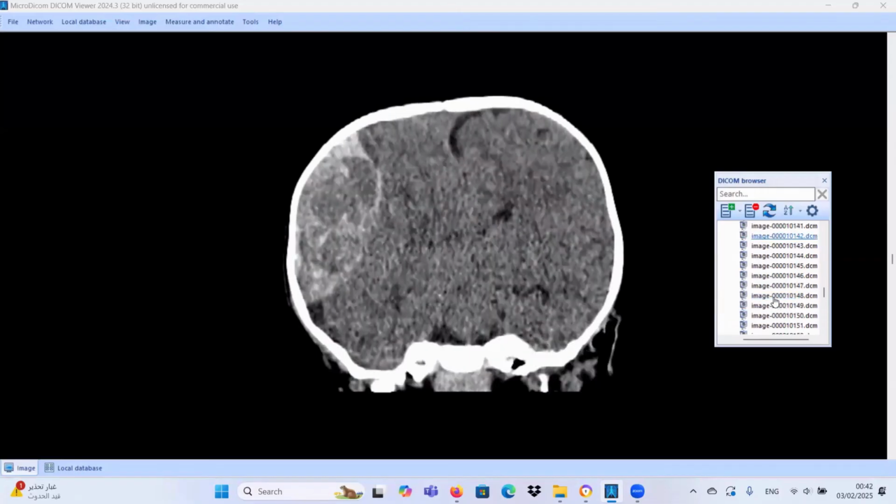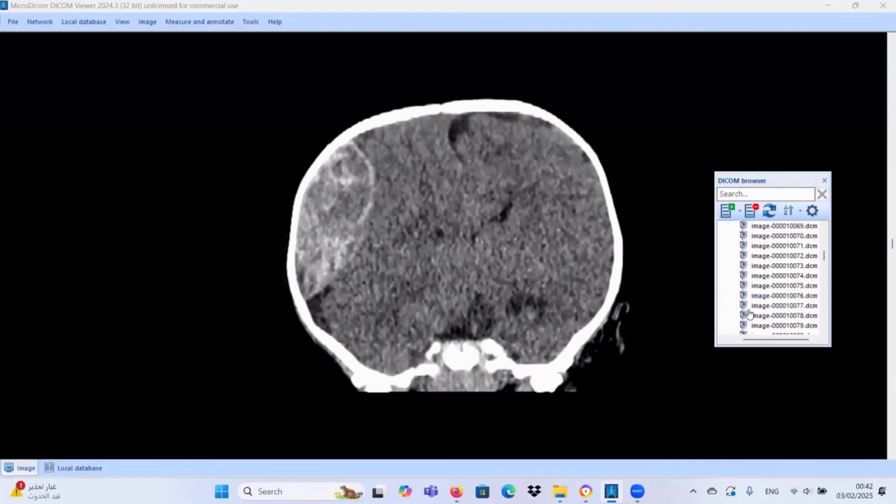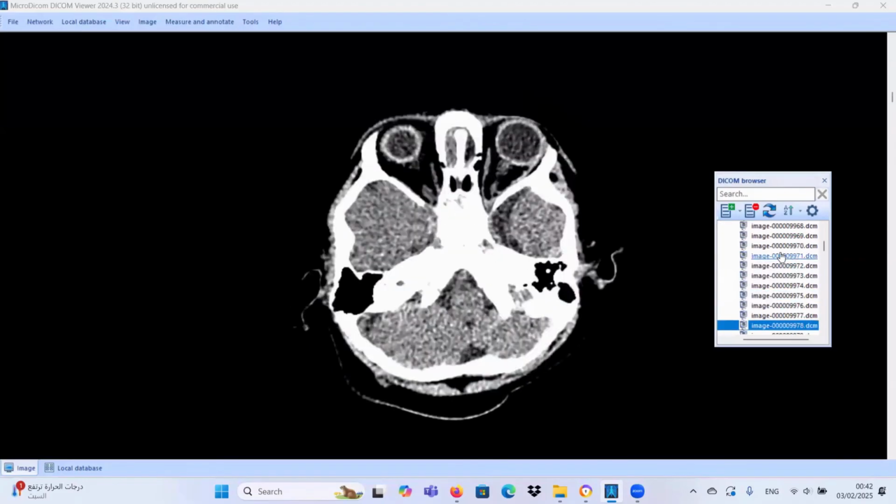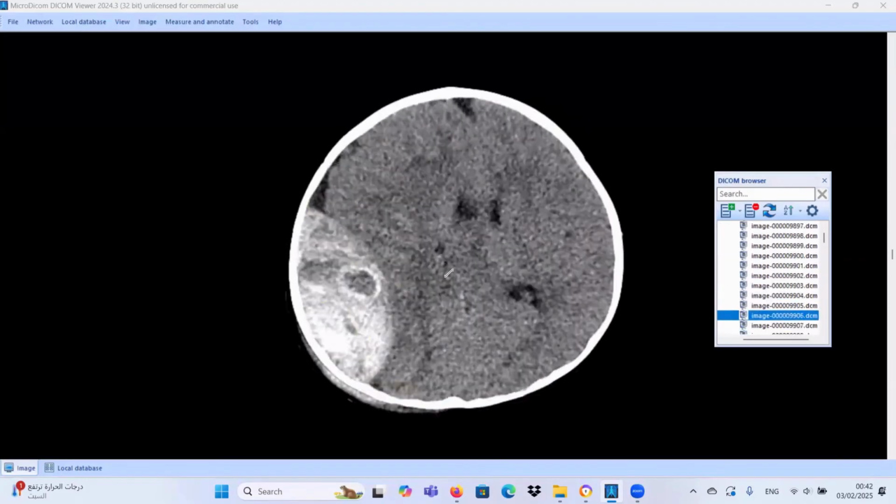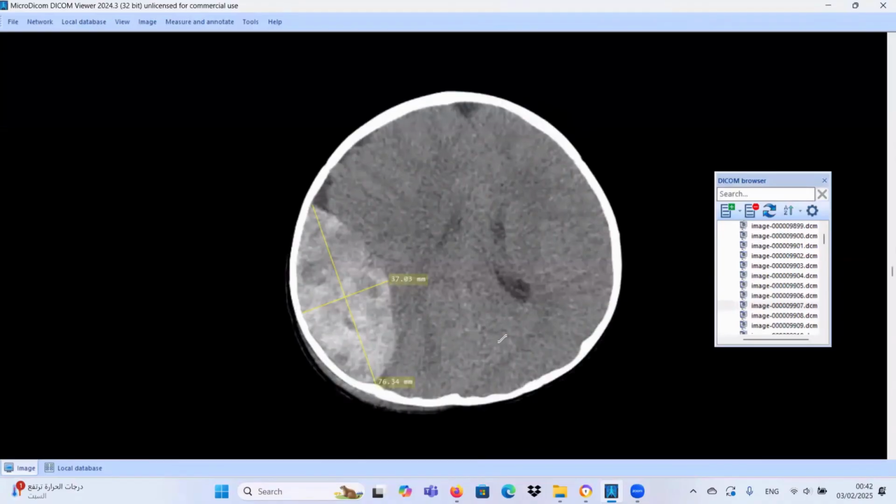Okay, so if we review our checklist for the CT brain, because we don't want to be satisfied with one finding, we should go from outside to inside. From the outside, you can see a small subgaleal extracranial hematoma also in the right posterior parietal region. We should check the bone.